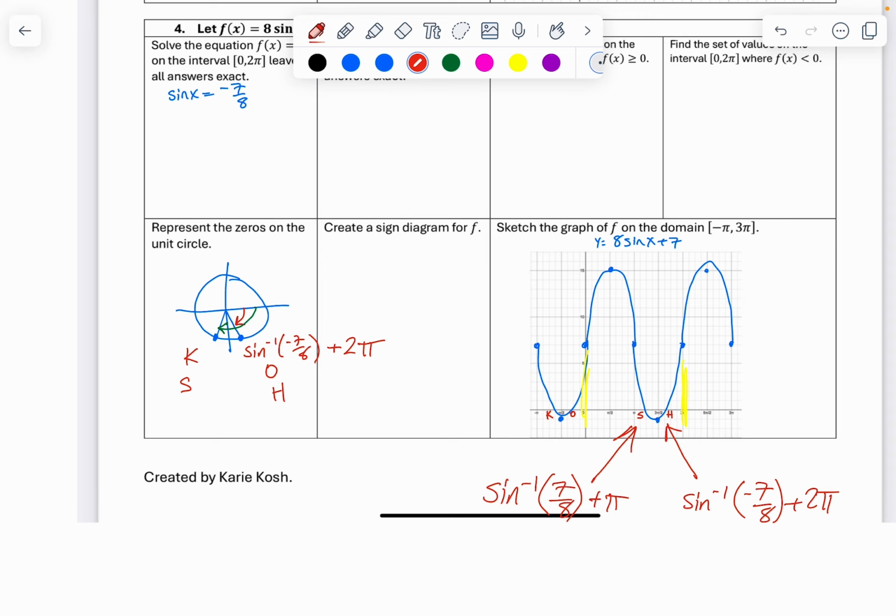Because we started in quadrant 1 with the positive and then added pi, we're down in that quadrant and within 0 and 2 pi. The other one, inverse sine of negative 7/8, started us outside our domain, and when we add 2 pi, it puts us in the correct domain. I hope that helps. This is definitely a little tricky.